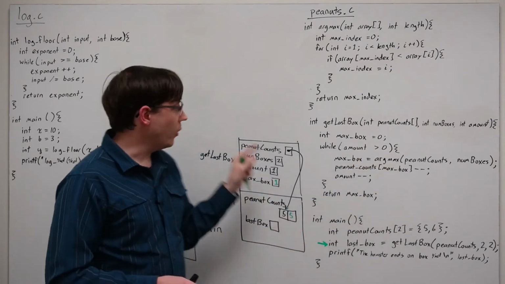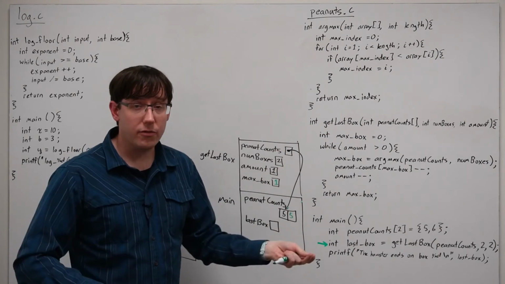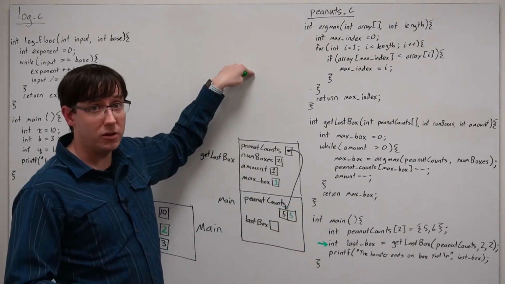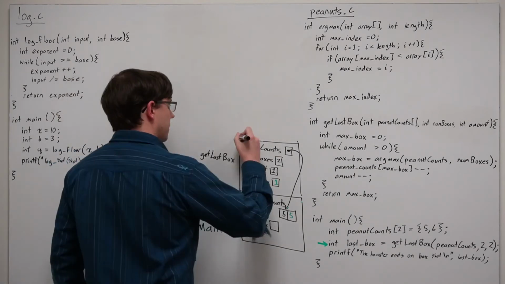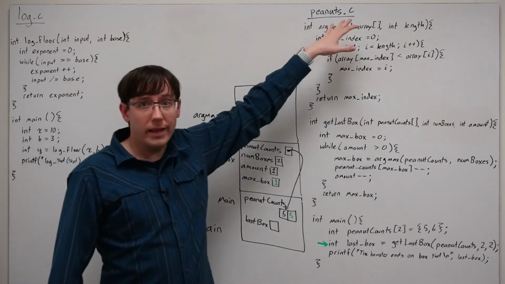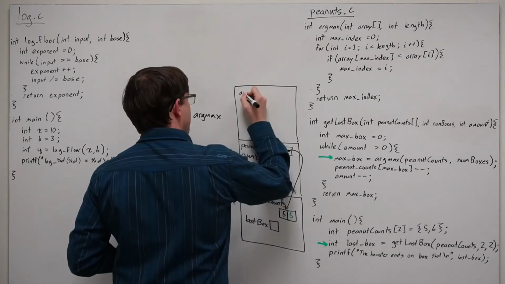When we do that, we get a new stack frame, and this new stack frame overwrites the memory that was previously in use for the earlier call to argmax. Since we're calling the same function again, we'll end up with the same names for all of the local variables.